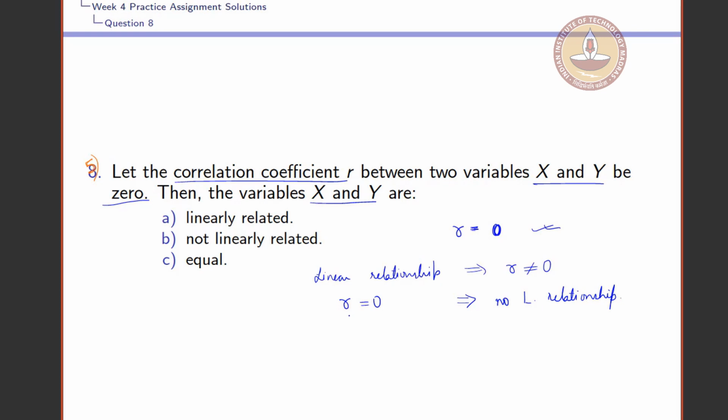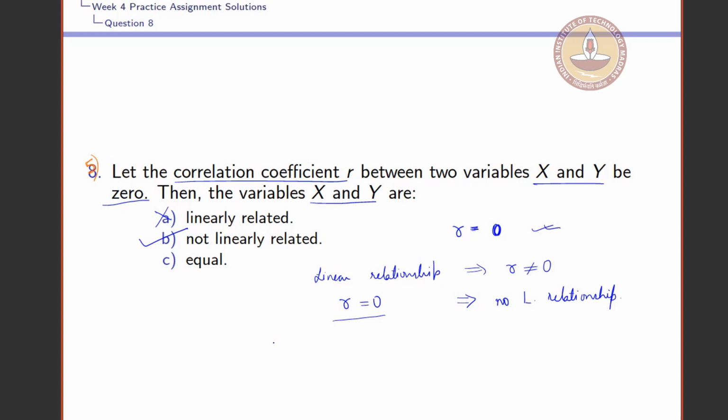So what is given to us? r is 0. So there will be no linear relationship. So this will be correct and this is incorrect.